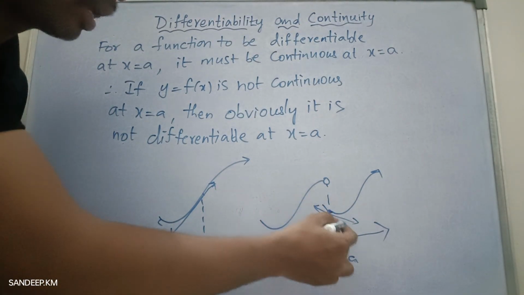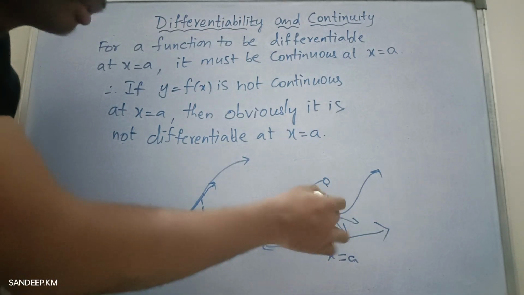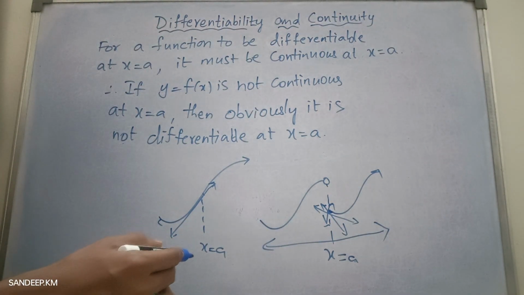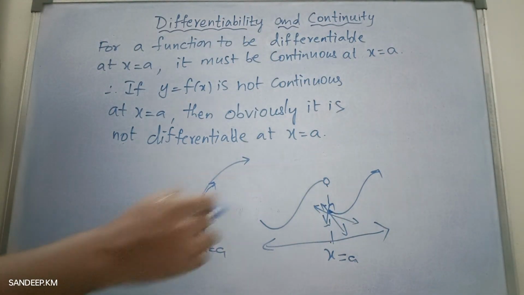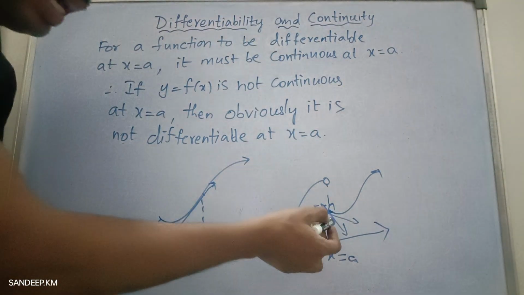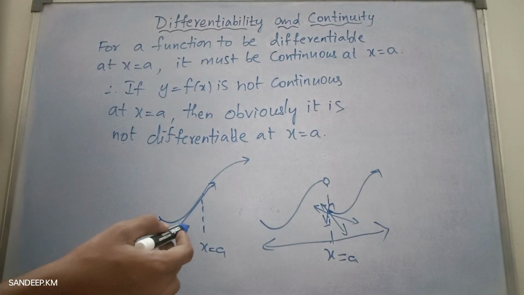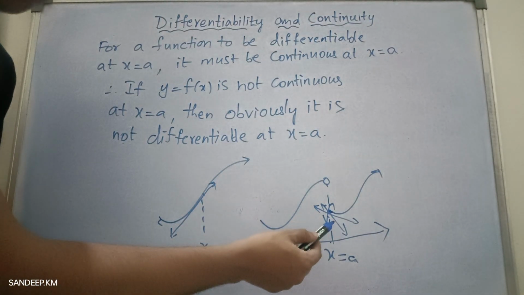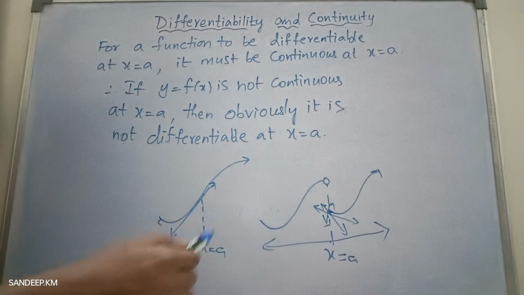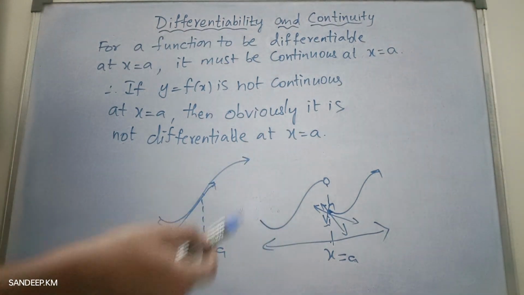No, you can also draw like this, and you can also draw like this. Please observe, multiple possibilities are there. We cannot draw a unique tangent at x is equal to a to this function. Therefore, in this case, the function is not differentiable, because we are unable to draw a unique tangent at x is equal to a to the function. I'll discuss this point once again later.